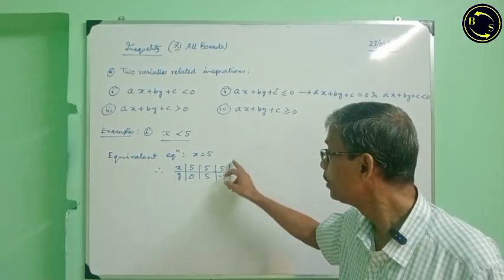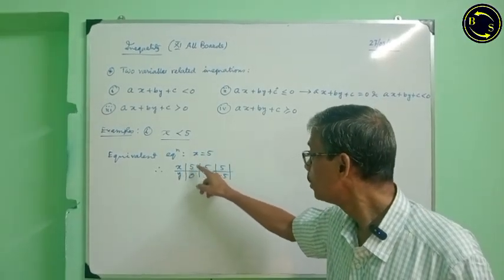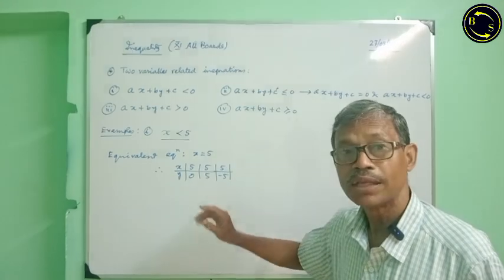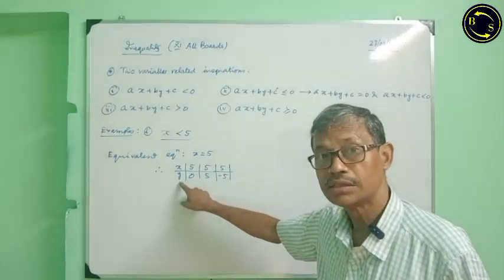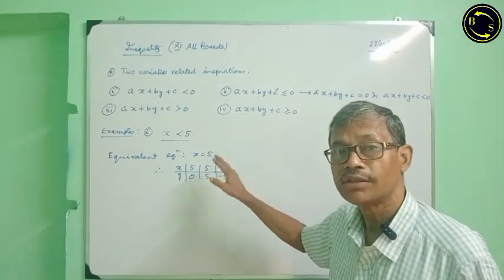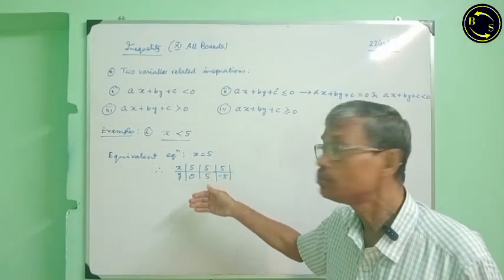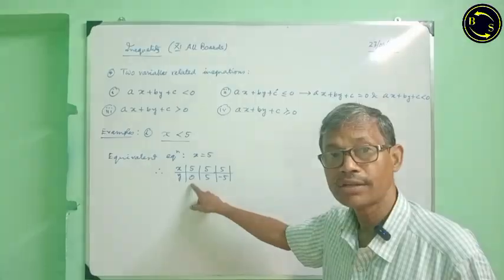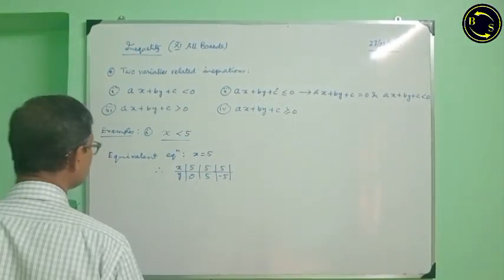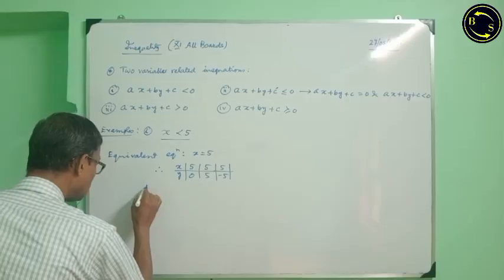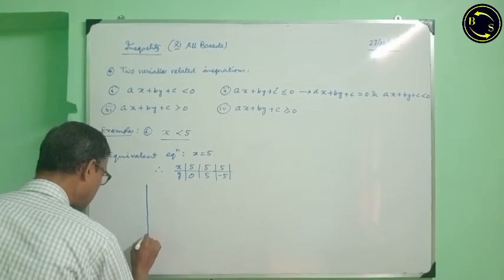x equal to 5, therefore in place of x there will be 5, and in place of y, since y is absent, you choose values as you wish. I have chosen here 0, 5, minus 1. Now drawing graph. I am drawing freehand.